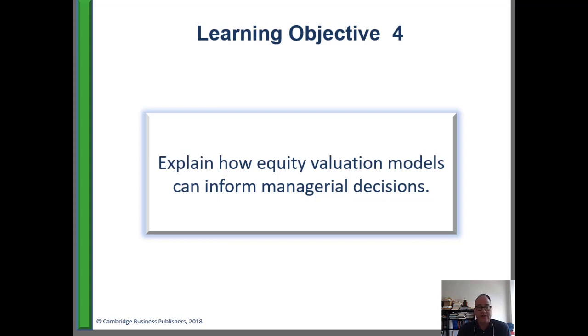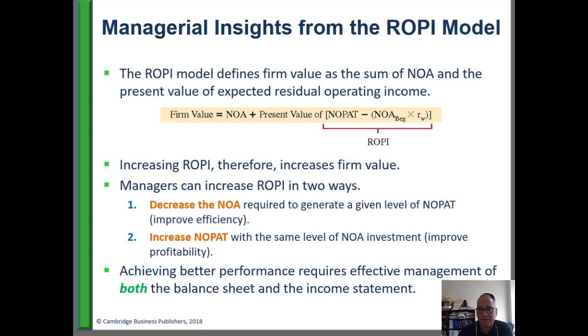But the ROPI model itself, and the very idea that you have certain net operating assets that should deliver a certain return and then you want to create residual returns, is a way to think about management and how to run a company. So I'm going to talk about that very briefly, and let's go back to the model again.